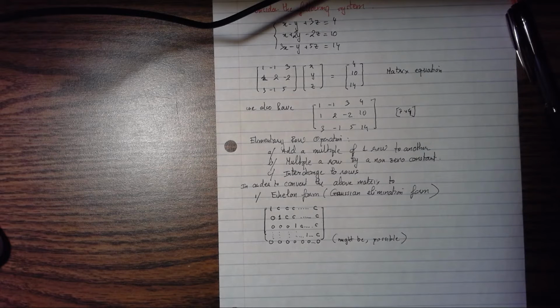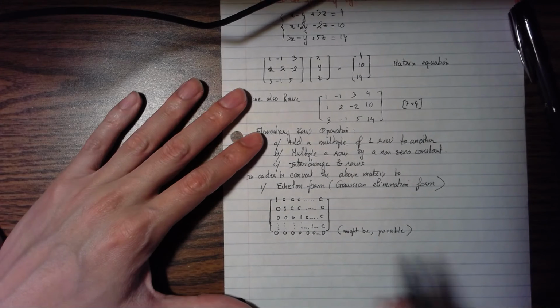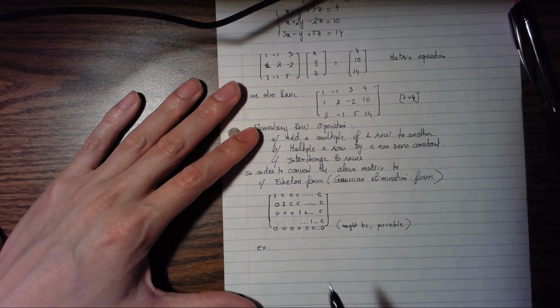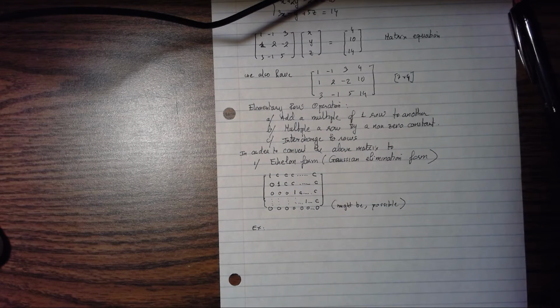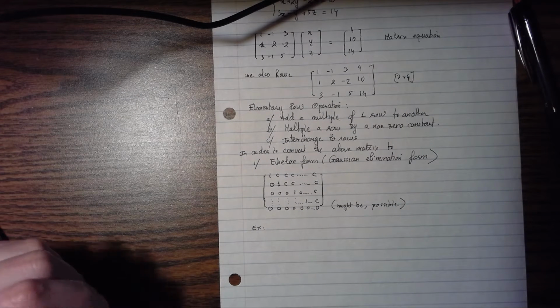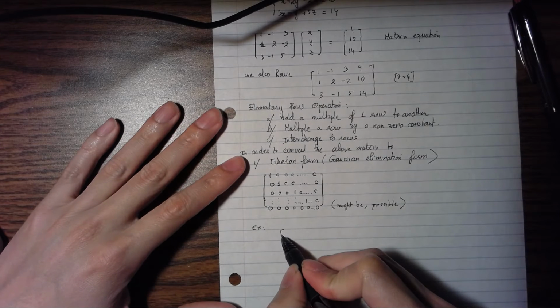I can give you an example really quick. When you go through solving systems, you know right away, but I think I can give you an example like this. For example, I have something like this.